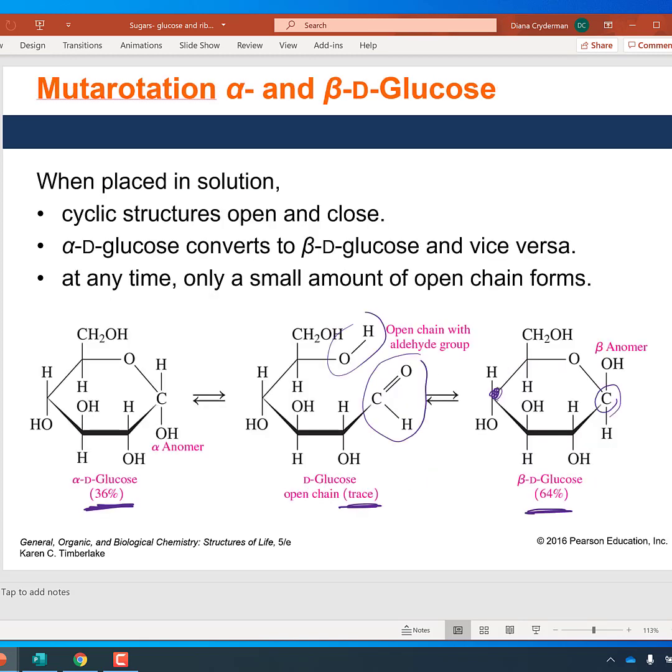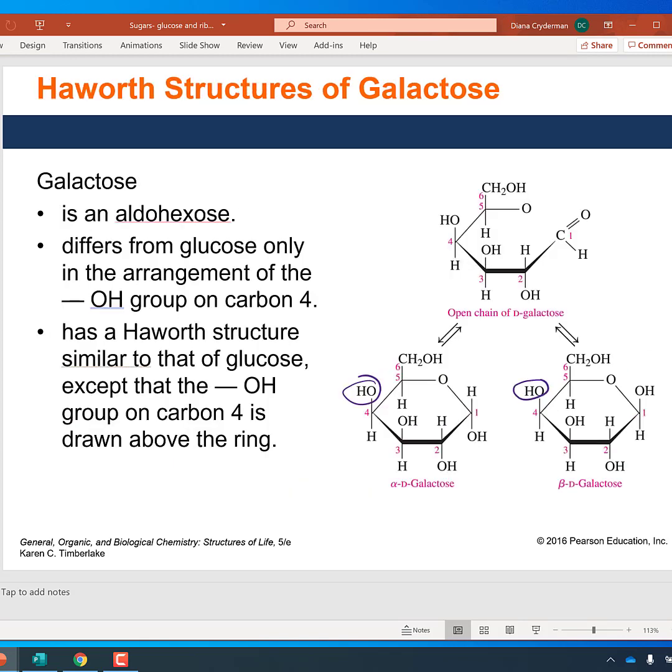Go back to glucose, it was down. And also galactose is going to be forming this ring structure and still have its anomeric alpha and beta also on carbon number 1. But carbon number 4 won't change.